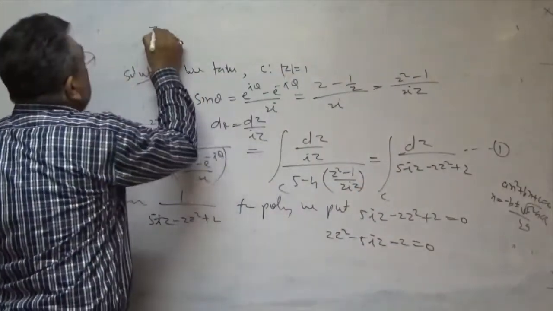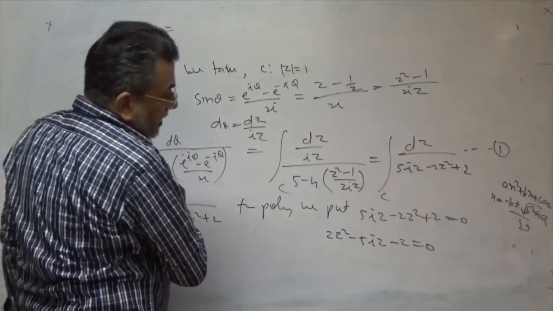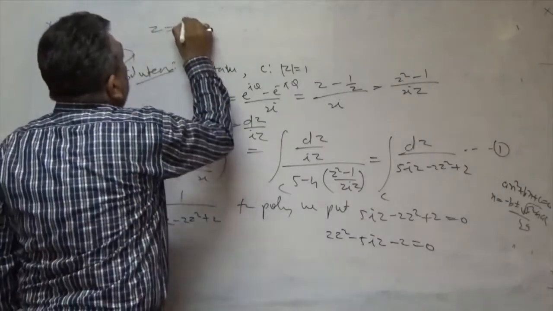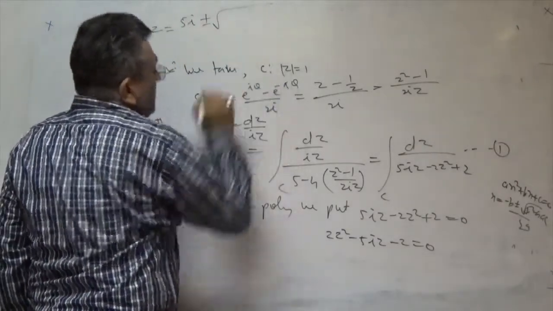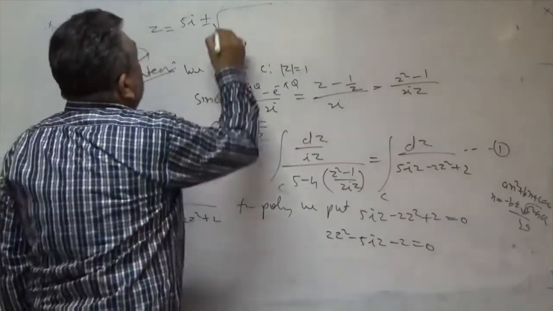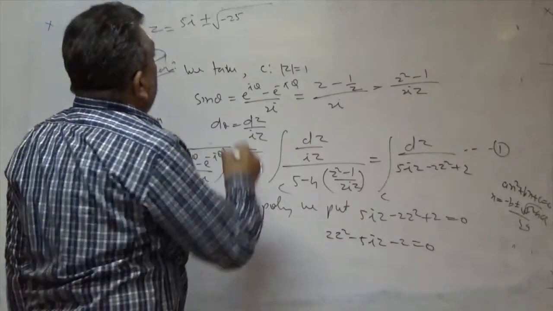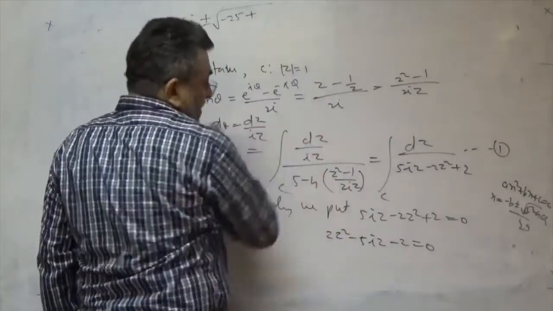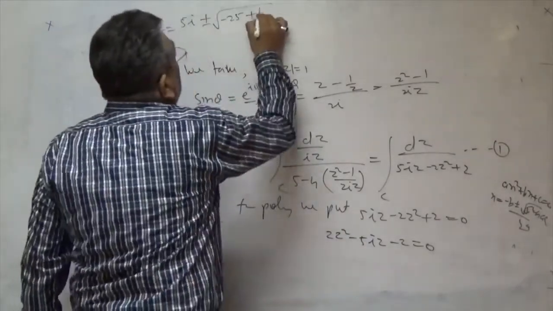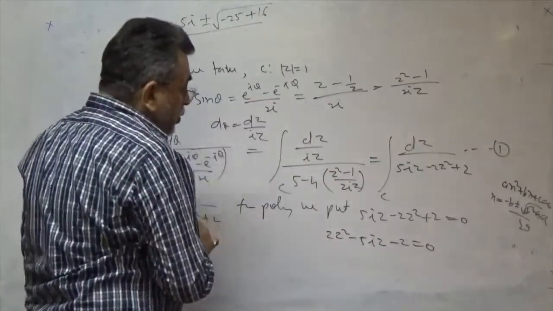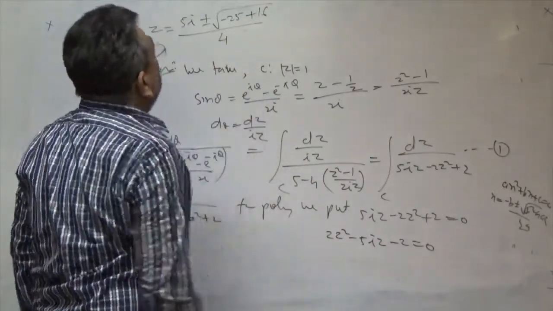By this formula, z equals minus b, meaning 5i, plus or minus the square root of b², that is minus 25, minus 4ac, meaning plus 16, upon 2a, and 2a means 4.